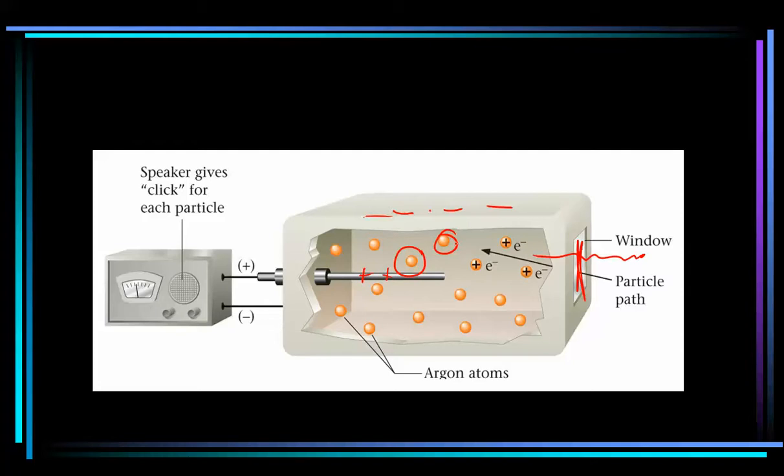So when the argon gas gets hit by the radioactive particle, the electron goes careening off and is attracted to this wire. The argon, having lost an electron, is positive, so it picks up an electron and goes back to being normal argon again.